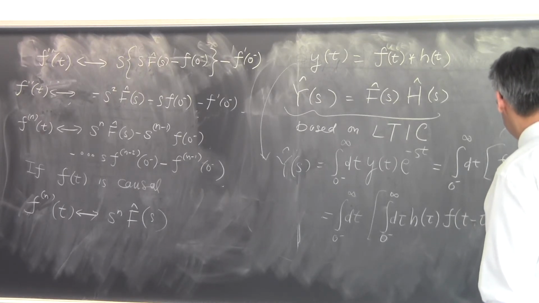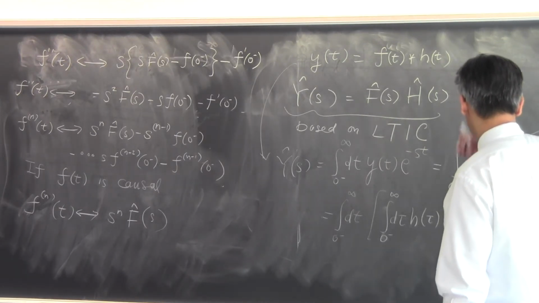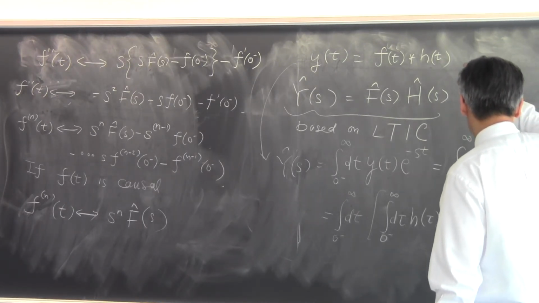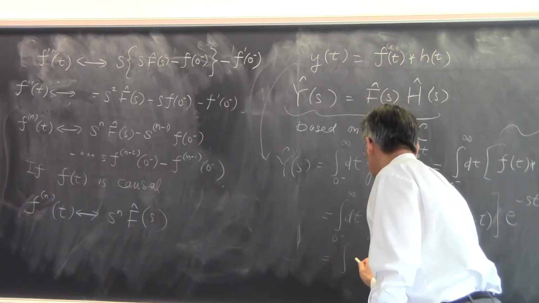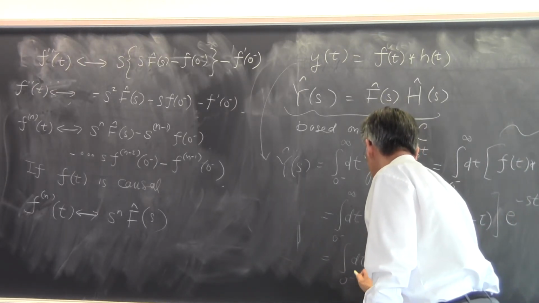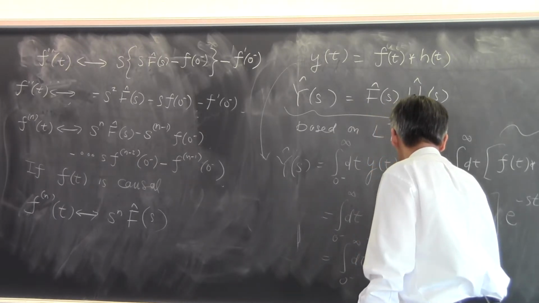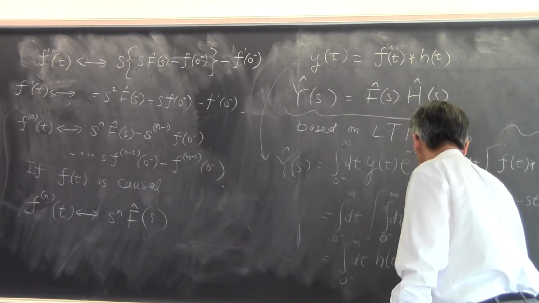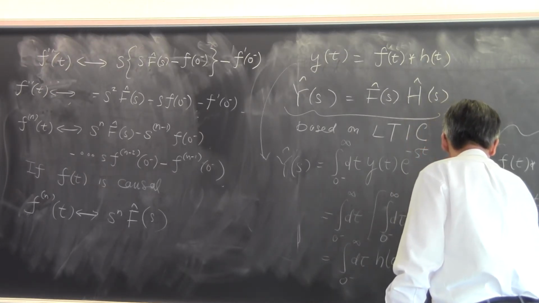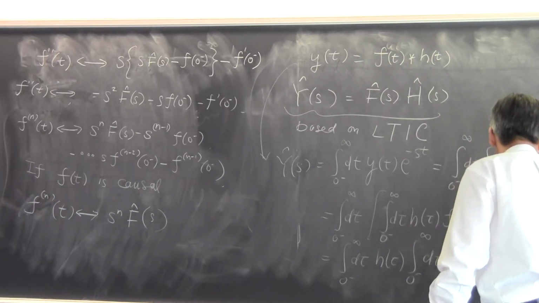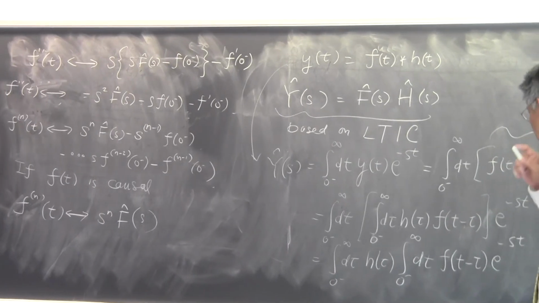Now I can do the dt integration first. I change the order of integration and do the dt integration first, and the d tau integration later, leaving the d tau integration on the outside. The dt integration is just a Laplace transform integration.